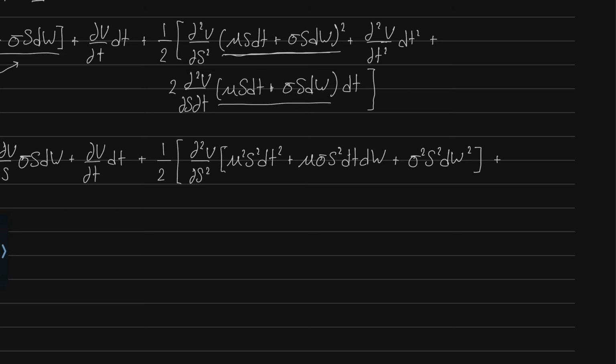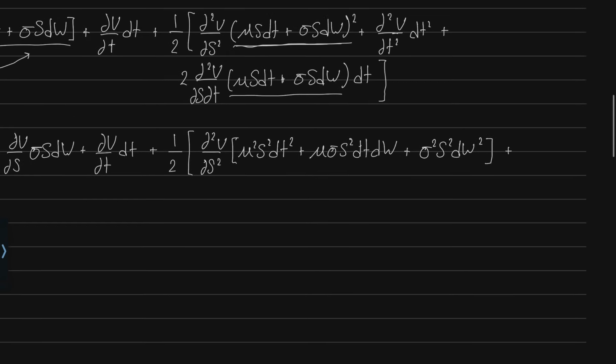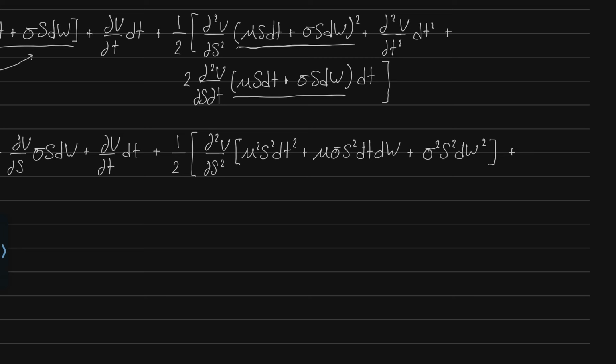And then after that, I would also have that second term of my second term, which is d²V/dt² dt² plus 2 times my partial derivative of V with respect to S and t.